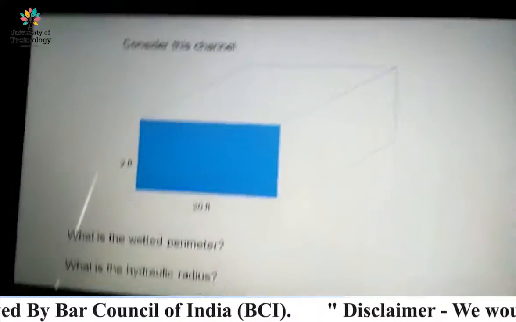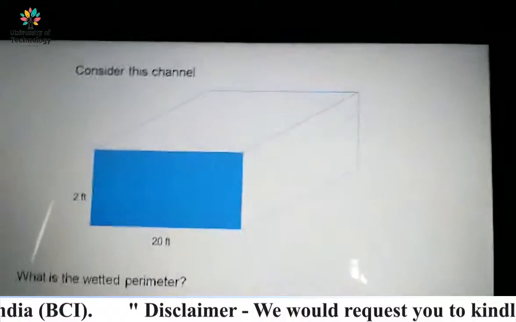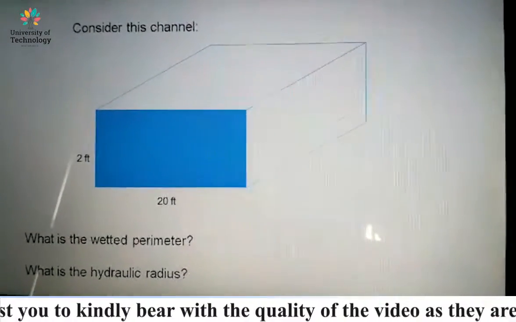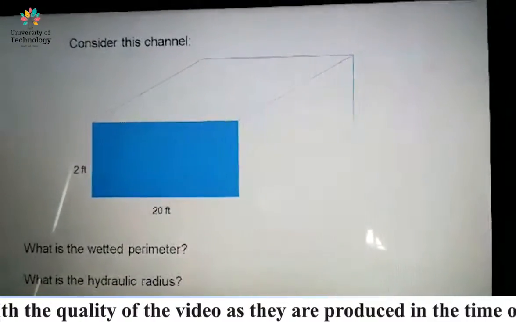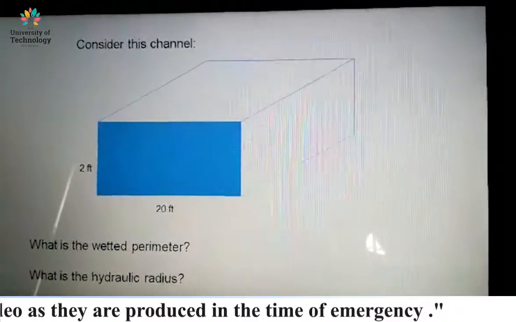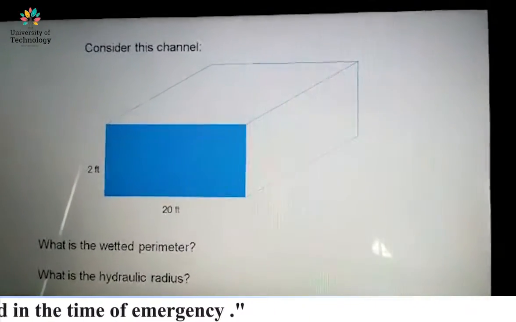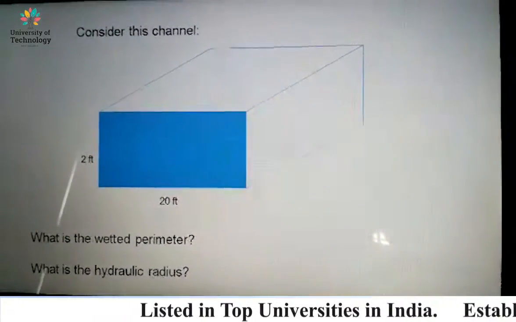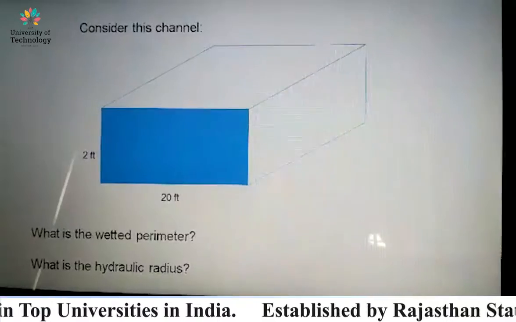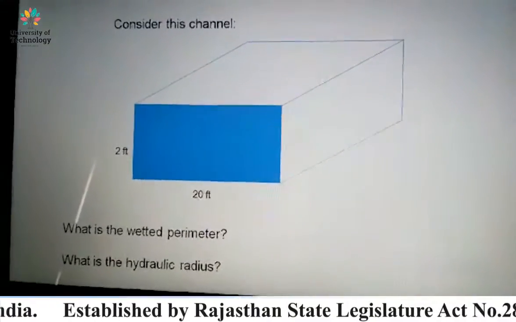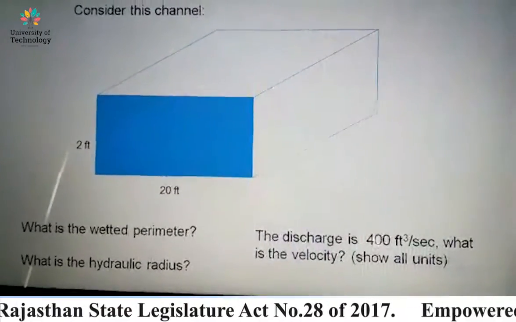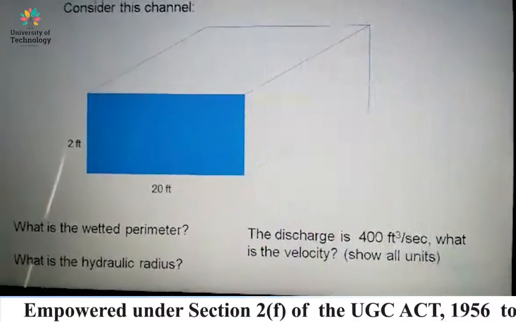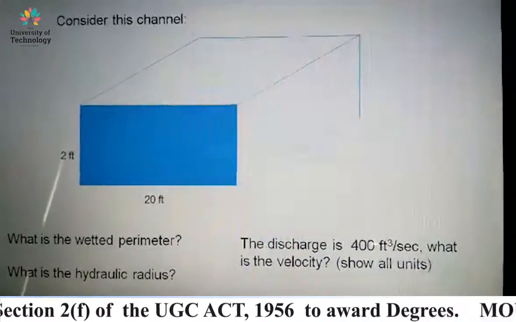Now we can see this diagram. This is an example of calculating the wetted perimeter and hydraulic radius, for a rectangular channel with a height of 2 feet and a width of 20 feet. We can calculate the wetted perimeter and hydraulic radius, and we can also calculate the velocity in this channel if the discharge is 400 cubic feet per second.